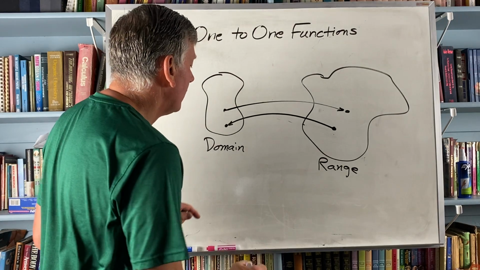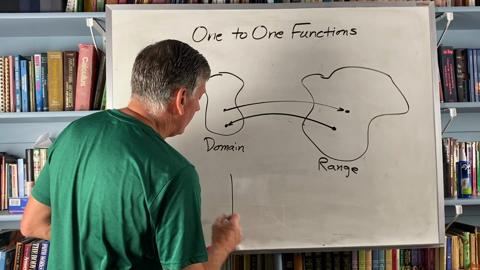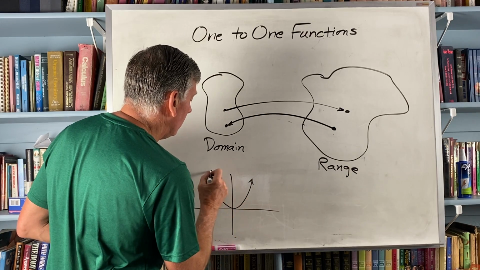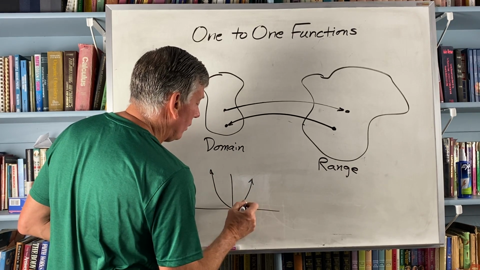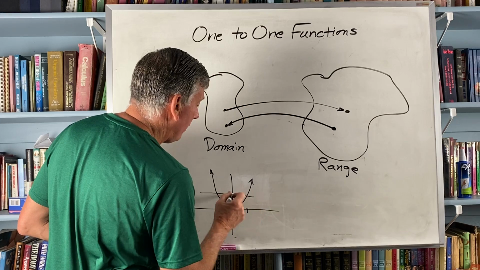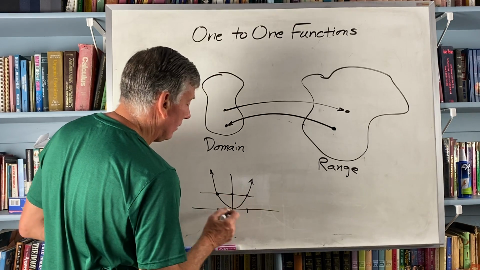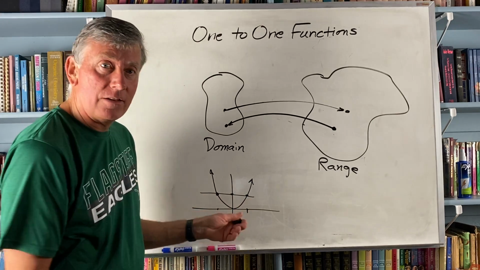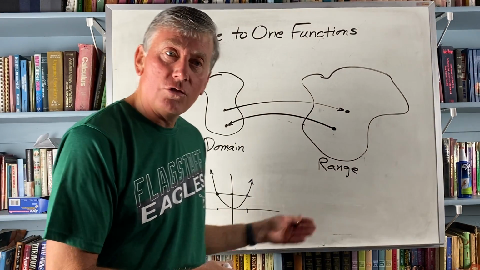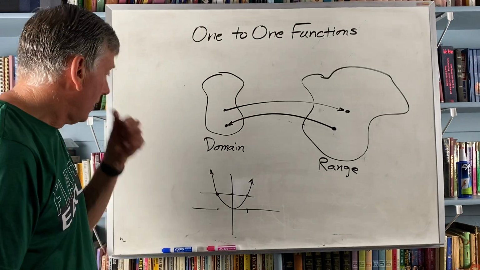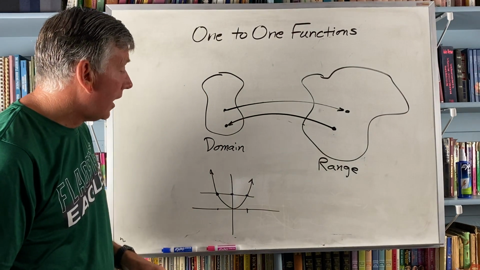We can have, for example, with the parabola x squared, a y value here that matches both here and here. It's like minus 2 and 2 both give 4 when you put them in for x squared. But we're not doing that here.